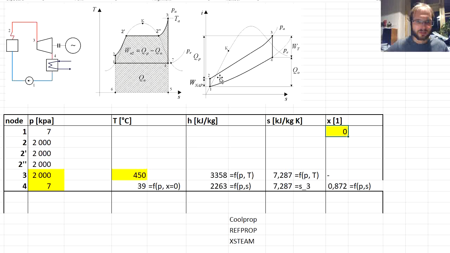Then about the point 2, we don't know anything yet. But point 2 prime, here we can see that it's also on the saturated liquid curve, so there would also be quality 0. And point 2 double prime is a point at the saturated vapor curve, so the quality would be 1.